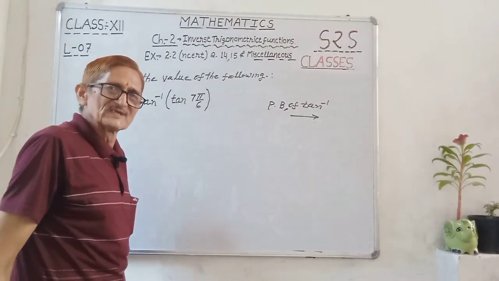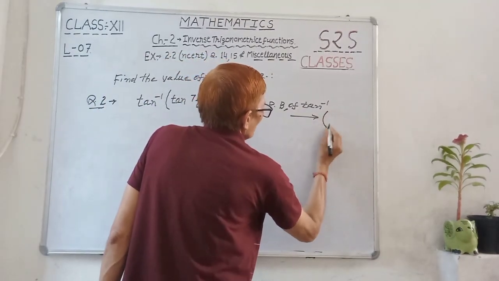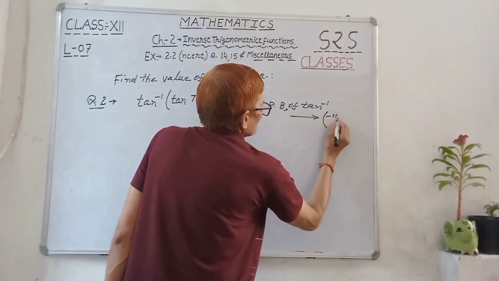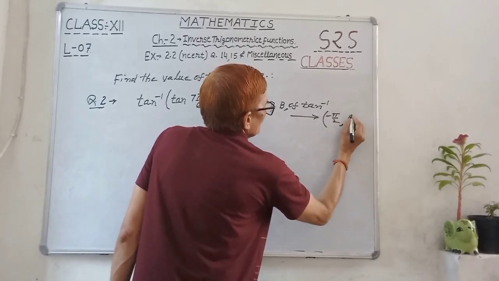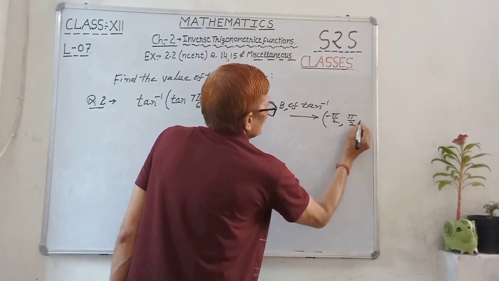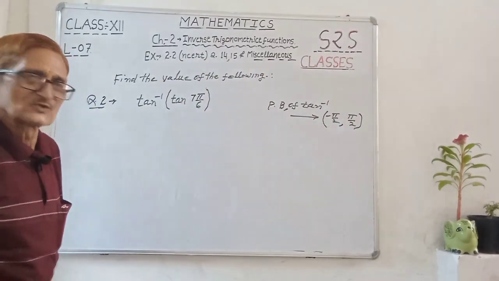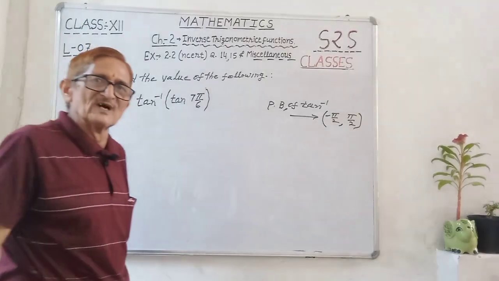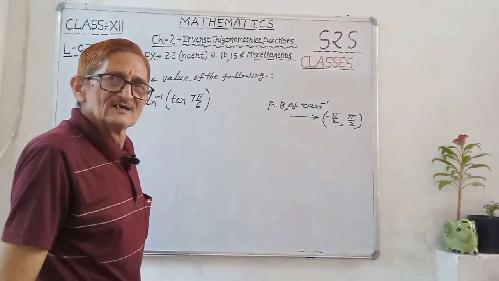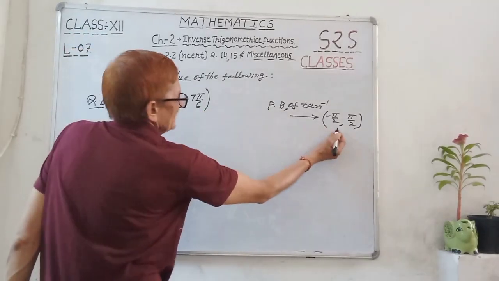The output range of tan inverse is the open interval from minus pi by 2 to pi by 2, excluding minus pi by 2 and pi by 2, over all real numbers. This is the principal branch of tan inverse, so the answer must lie between these values.